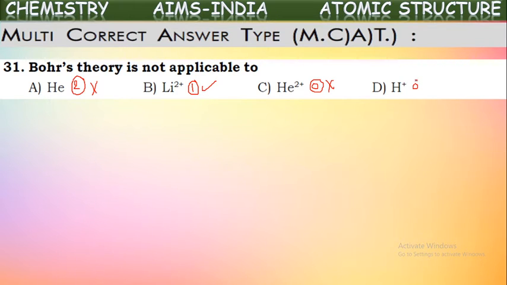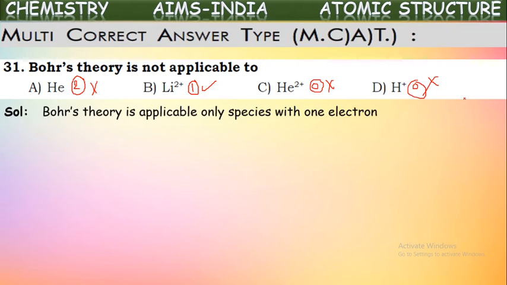It also has 0 electrons. So for this also Bohr's theory is not applicable. Now A, C, D: for these Bohr's theory is not applicable. Bohr's theory is applicable only for the species with 1 electron.